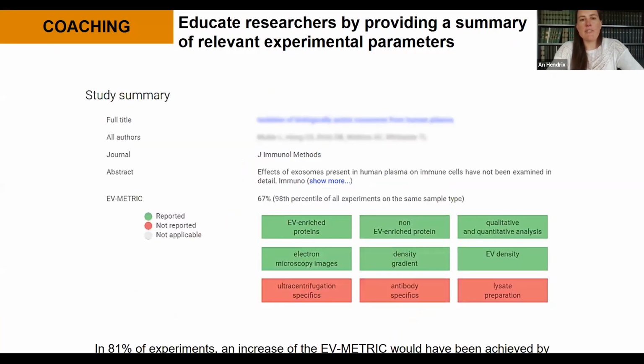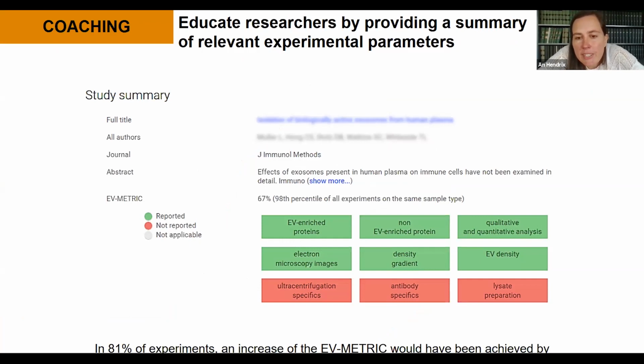Now, what does the EV metric look like? It consists of 9 experimental parameters that we, with the consortium, concluded to be important to have an adequate interpretation of the EV preparations that have been studied in a publication. These correspond to the MISEV guidelines from 2014 and will soon be updated with the new MISEV 2018 guidelines.